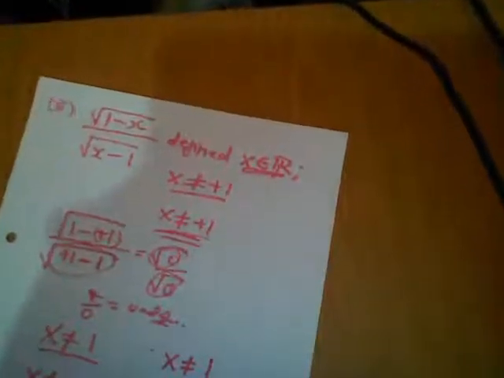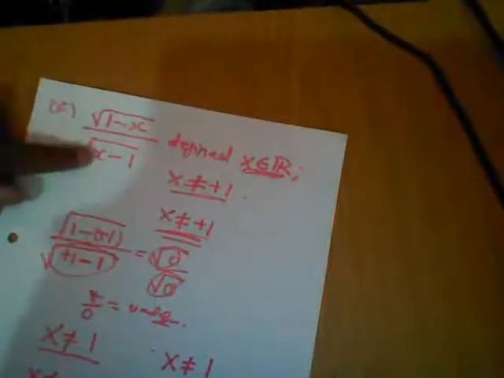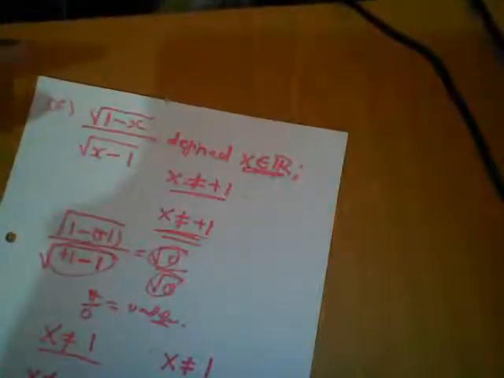Also, x should not be equal to any of the negative numbers, because if you plug in -3, for example, -3 minus 1 is going to be -4, which cannot be under a root. 0 also is not going to work. So for this function to work, all this value must be greater than 0.